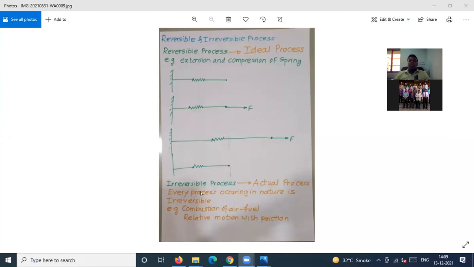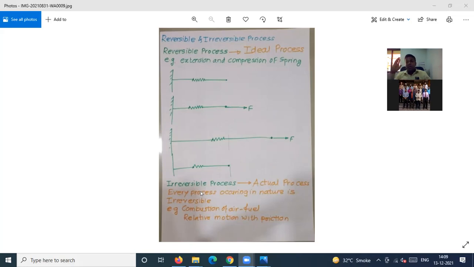Now, what is irreversible? That is exactly opposite of a reversible process. That is called an irreversible process. And all of you keep in mind, all the processes which occur in nature are irreversible.